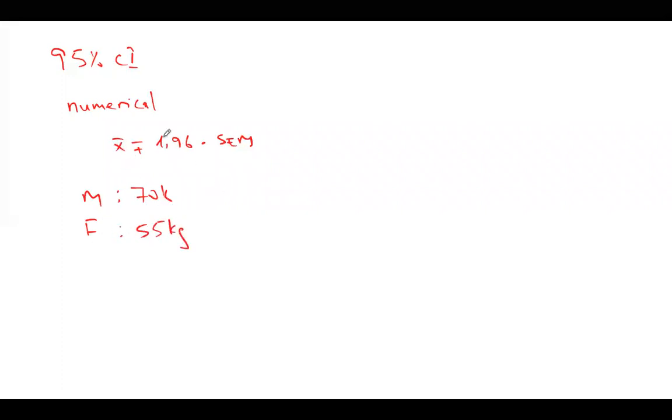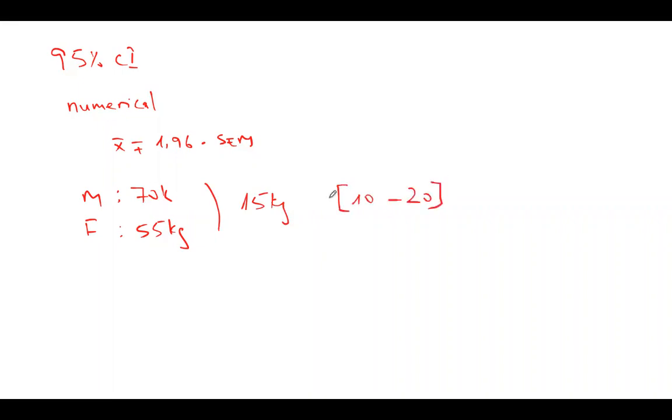And then you give the 95% confidence interval. The difference here is how much? 15 kilogram. And then I give you the 95% confidence interval, and it's, let's say, between 10 and 20. It's usually given in square brackets.